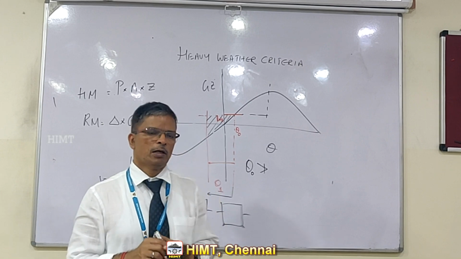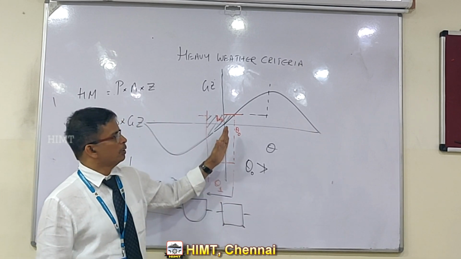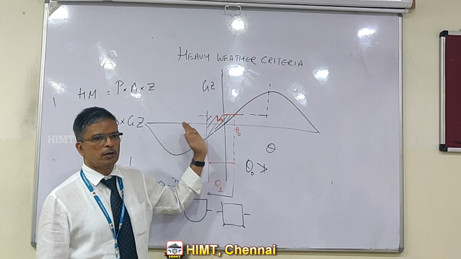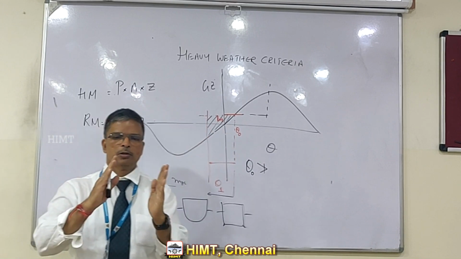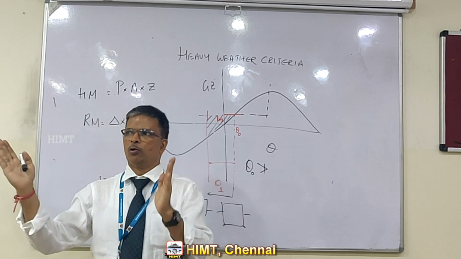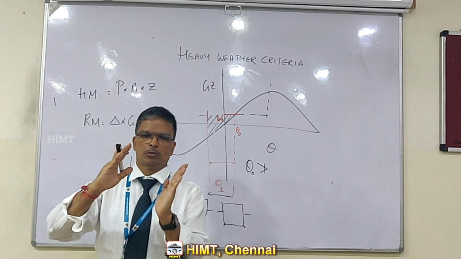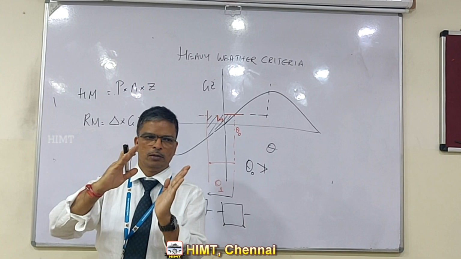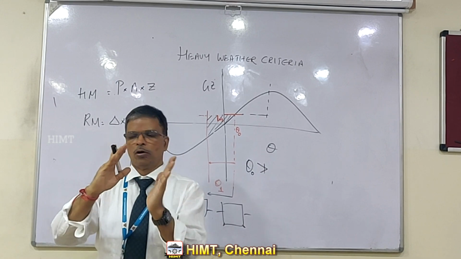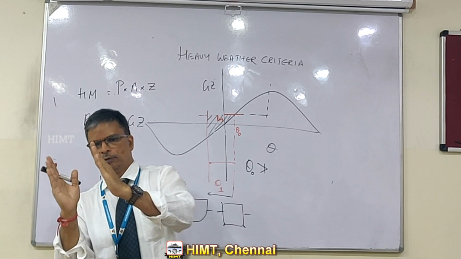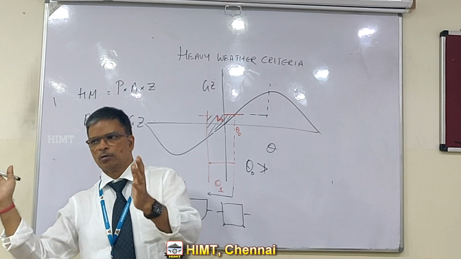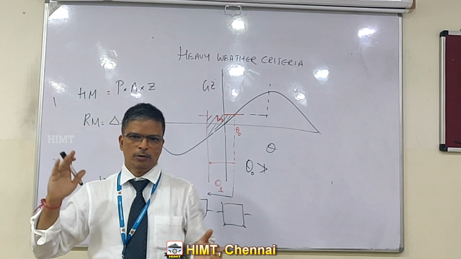So the gust effect is considered like this: suppose your ship is rolling, and wind is blowing from the starboard side. Then you will be heeling more to the port side, then you are rolling this way, then you roll maximum to the starboard side. At that instant, the gust of wind is hitting the ship.